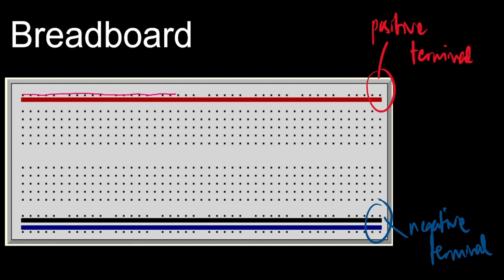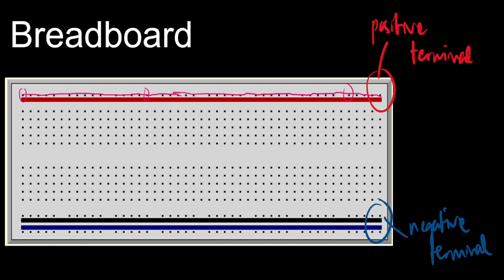So if you made a connection to the leftmost hole, then it would be connected to any of the other holes along the horizontal. Like I said, the reason why we use breadboards is because it lessens the need for additional wires, because you just insert some wires on these holes and they are automatically connected with each other.